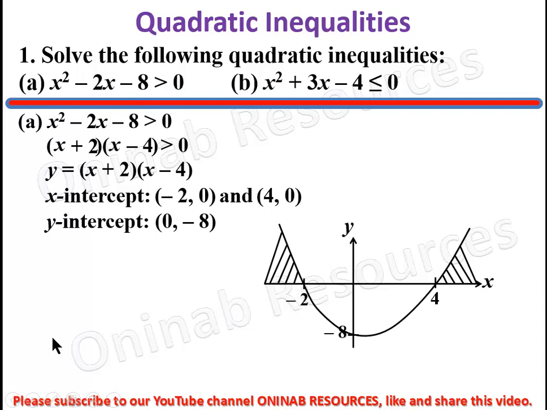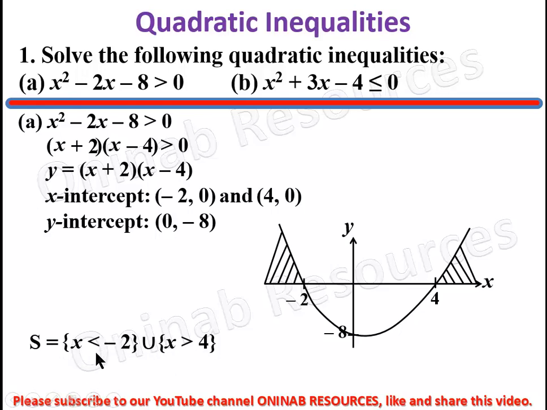So we write our solution set as the set of x less than negative 2 union x greater than 4. This side is x greater than 4, x less than negative 2. So this is the solution set of the inequality.